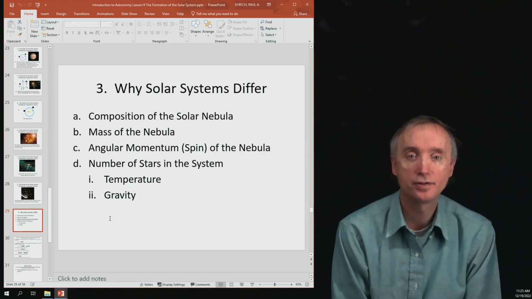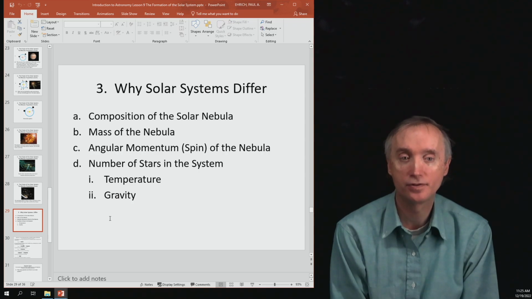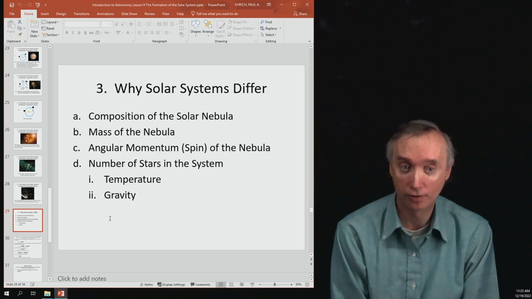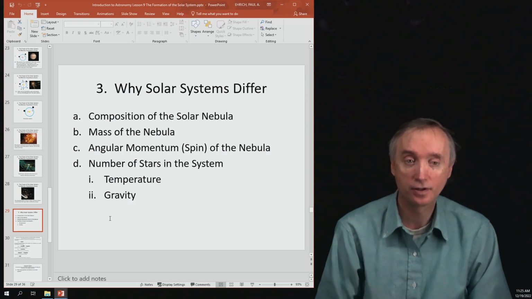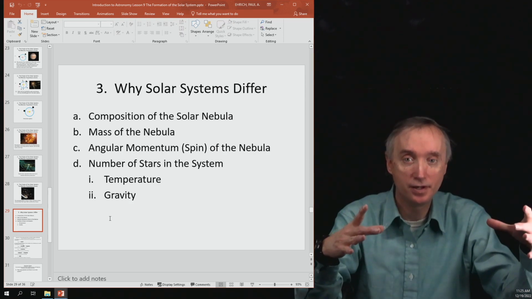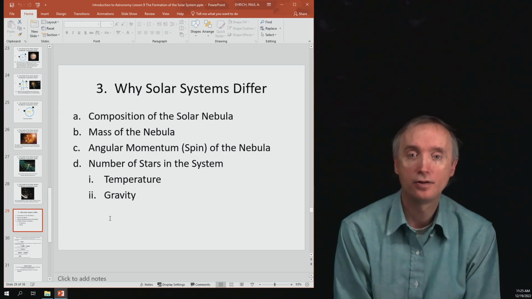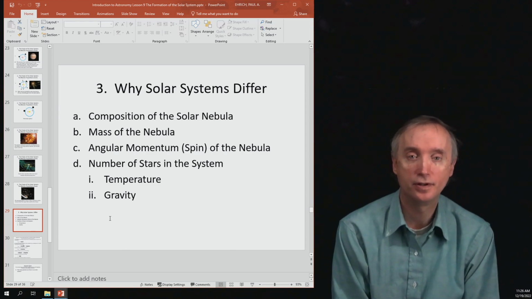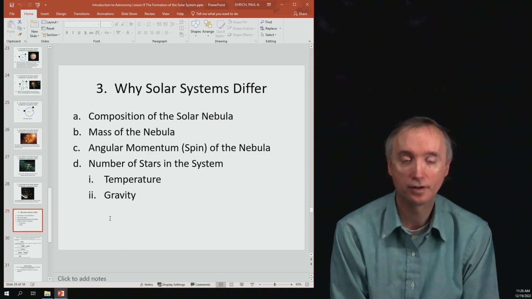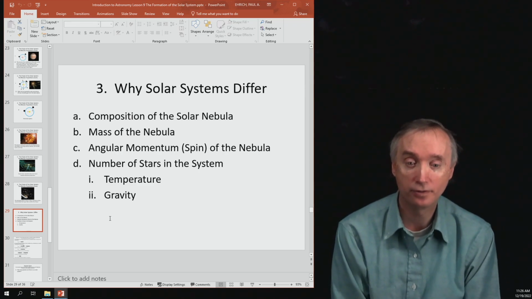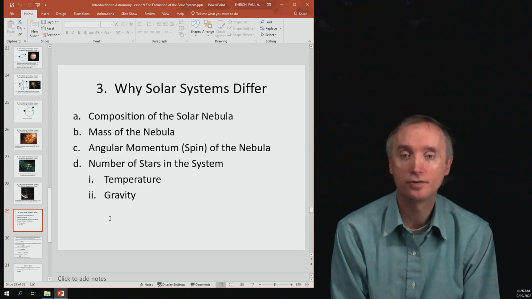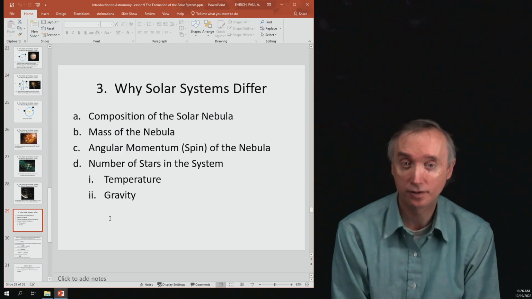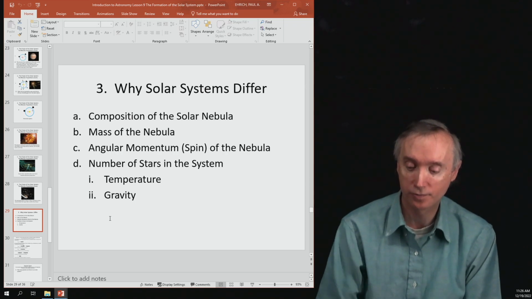It also depends on how fast the gas cloud was spinning, because that's going to control the centripetal force, which in turn controls the size of the disk. And it also depends on the number of stars in your solar system, because they're going to control the temperature of the solar system, and they're also going to control the gravity, which controls the orbits of those planets.